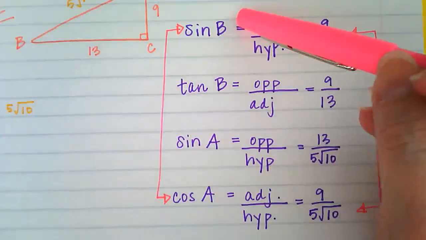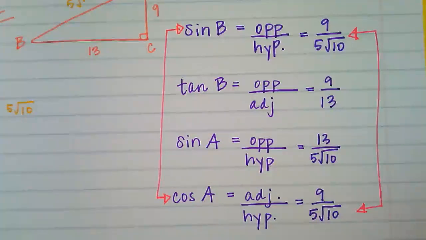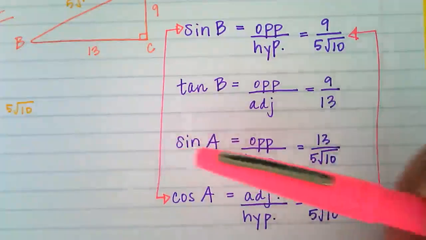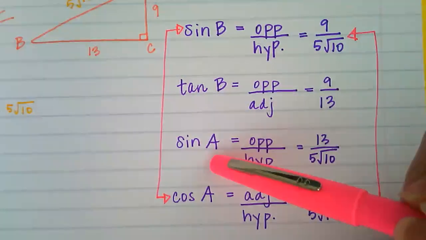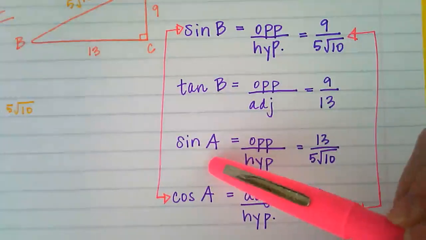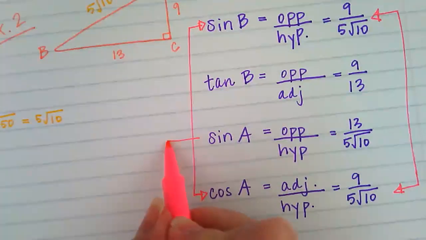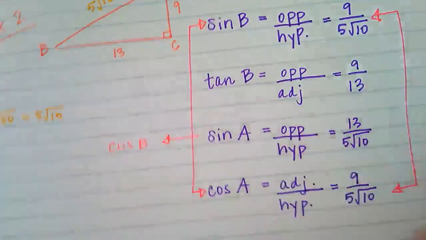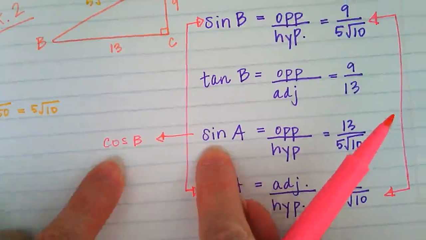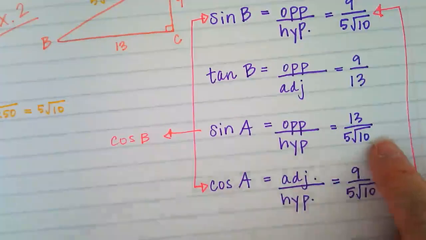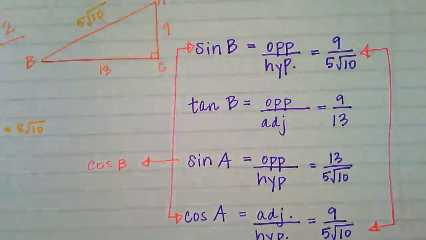So the sine of B is always going to be the same thing as the cosine of A. And the sine of A is always going to be the same as the cosine of B. So this one would be the same as cosine of B, because the opposite trig function from the opposite angle is going to give the same answer. And if you think about it, that'll make sense.